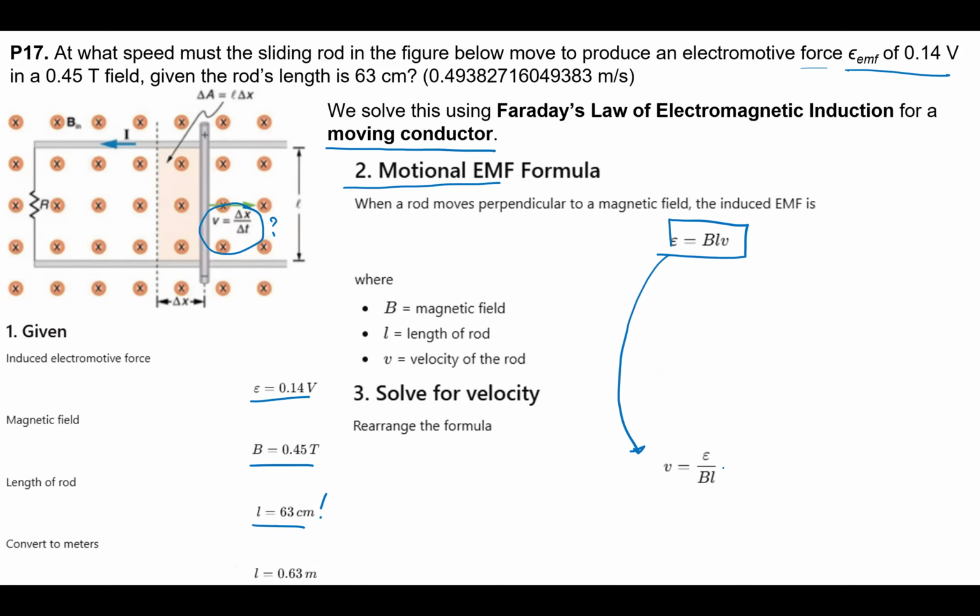From this we find the velocity is v equals epsilon over BL. B is given, L is given, the electromotive force is given, so we can find the velocity. So once you know the EMF for the moving rod, which is this formula, then you can find the velocity fairly easily.